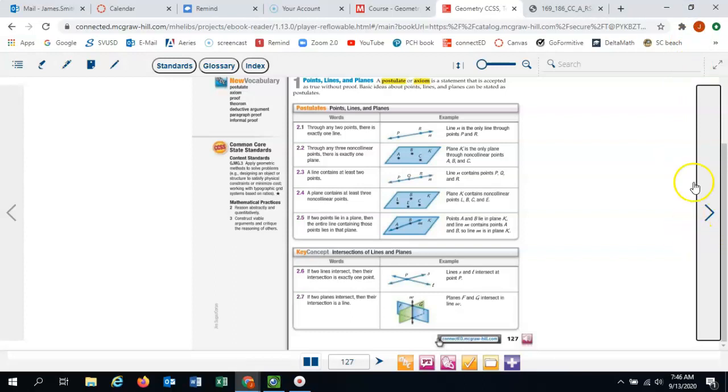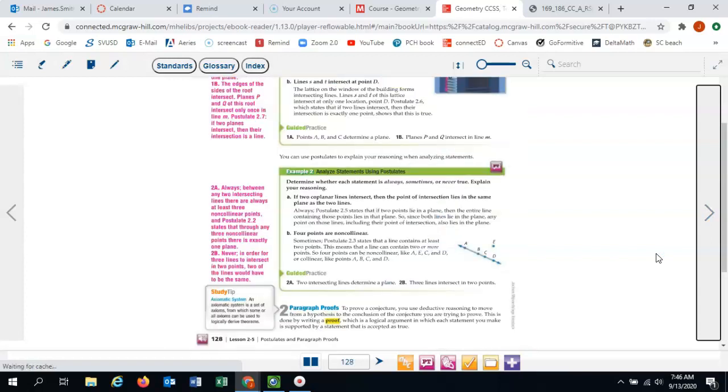It's moving a little slow. But if you go to the next page, they lay out the process for how you do a paragraph proof. This is a great model you can go back to when you're doing your paragraph proofs, just to help you organize your thoughts on how you would lay this out.